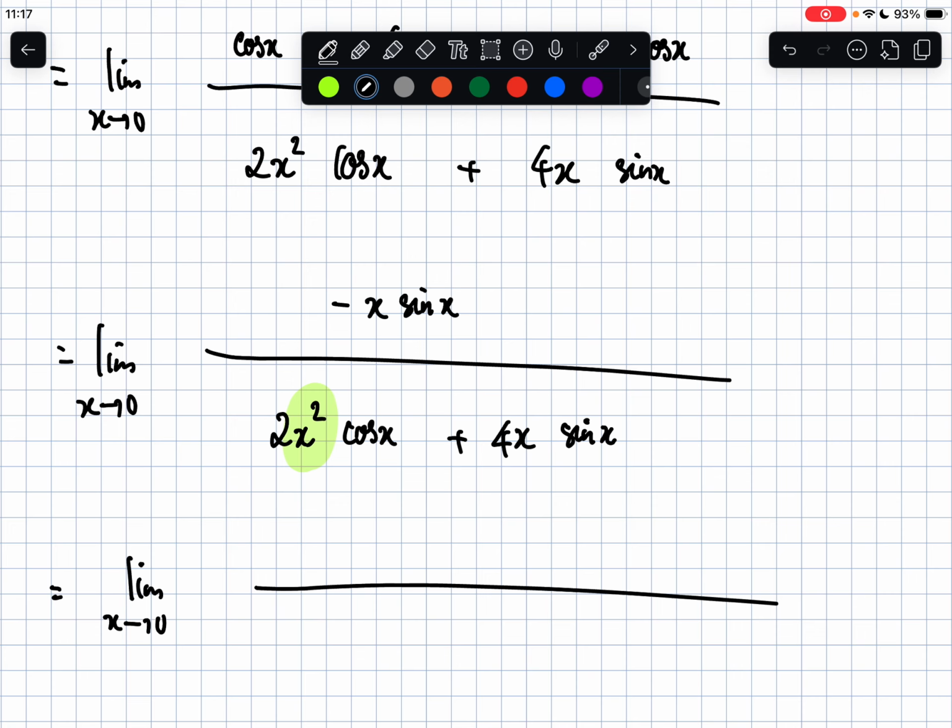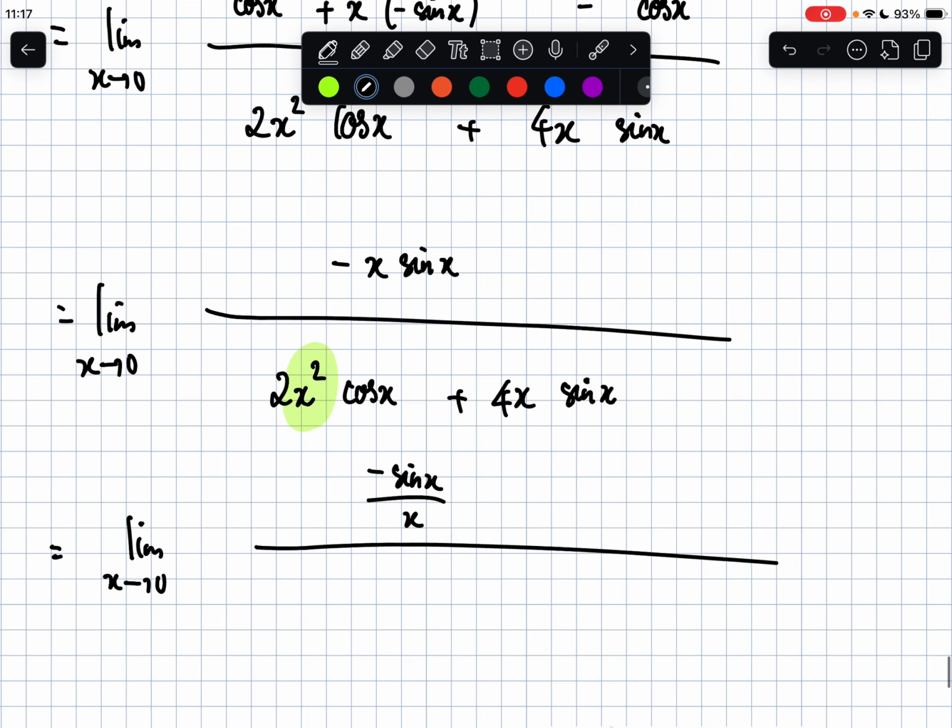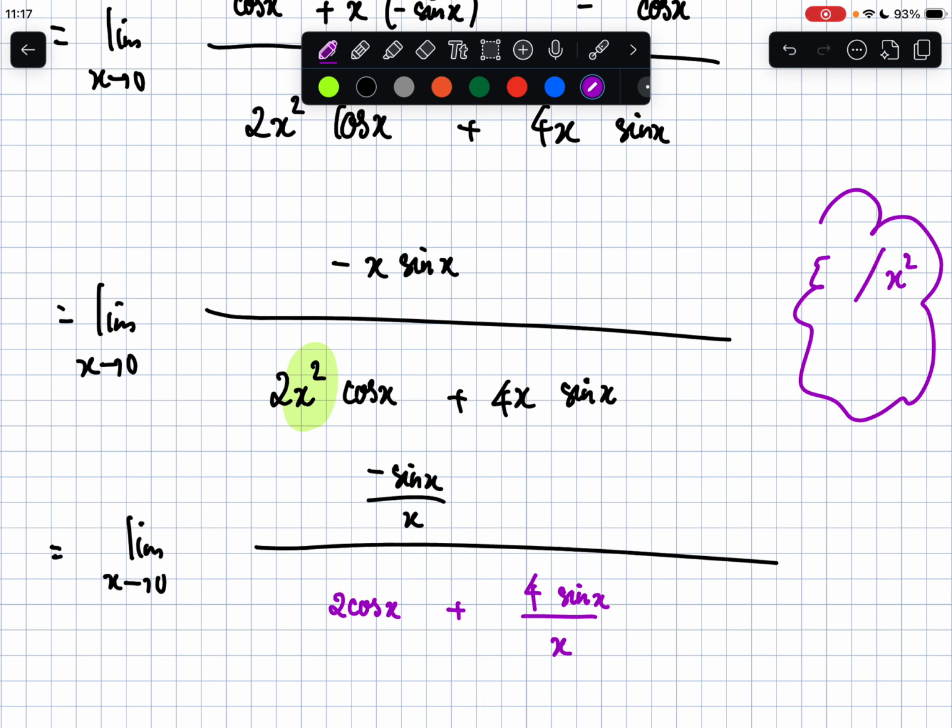So you have minus sin x divided by x, times x divided by x squared, minus sin x divided by x. And down there you have 2 times cosine x, plus 4 times sin x over x. So note here, divided by x squared up there, divided by x squared down there.